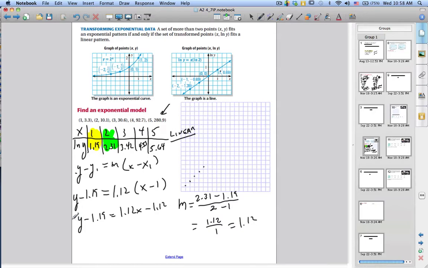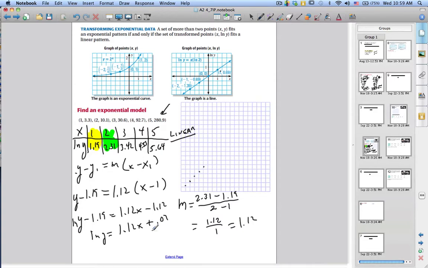And actually this is natural log of y, not y. So natural log of y will be equal to 1.12x. If I add 1.19, there's a difference of 0.07.